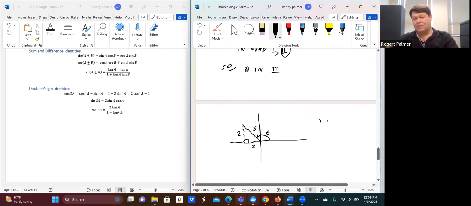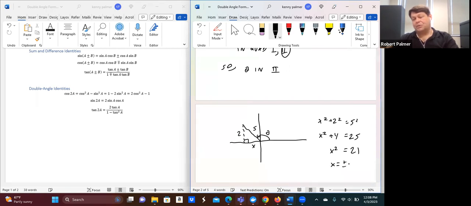Then we just need to use the Pythagorean theorem to find x. So we have x squared plus 2 squared is equal to 5 squared. So x squared plus 4 is equal to 25, and then x squared is equal to 21. And so x is equal to plus or minus the square root of 21.